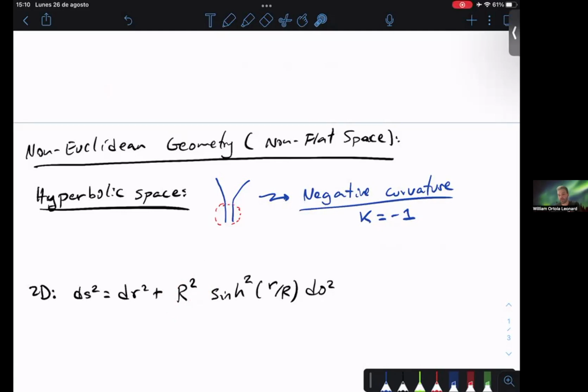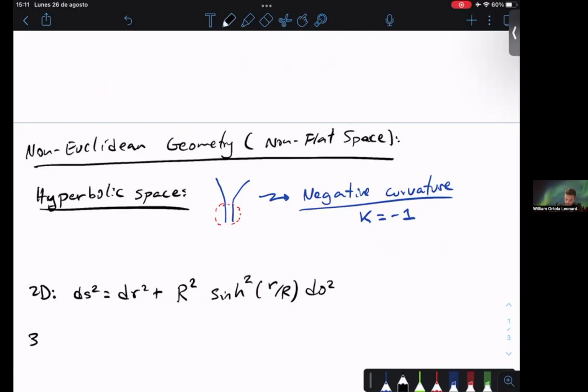This capital R represents kind of like the radius of the universe. So if we are in a space, which is our universe, and we have a hyperbolic space, then this capital R represents the radius of this whole space. And the lowercase r represents simply the radius at which we are evaluating our geometry in this space.